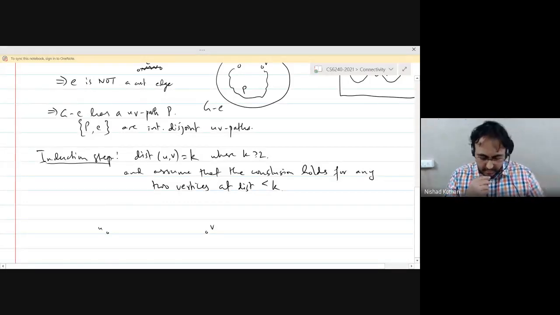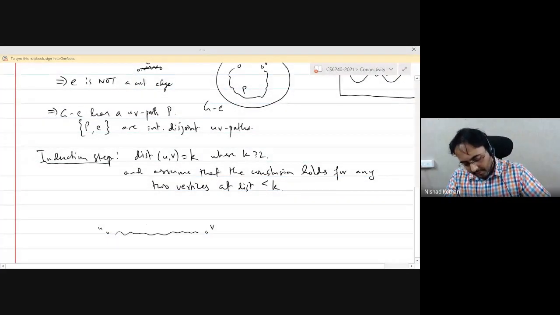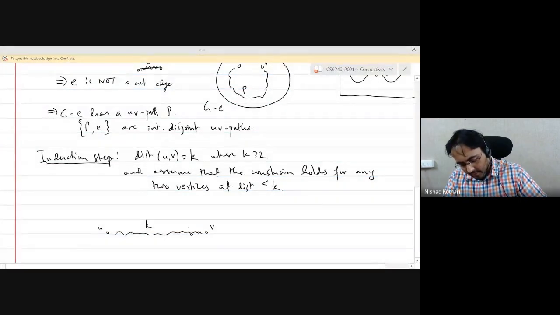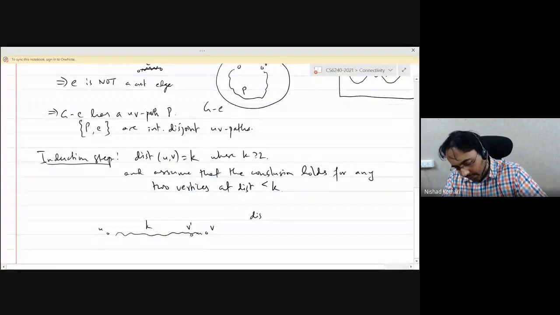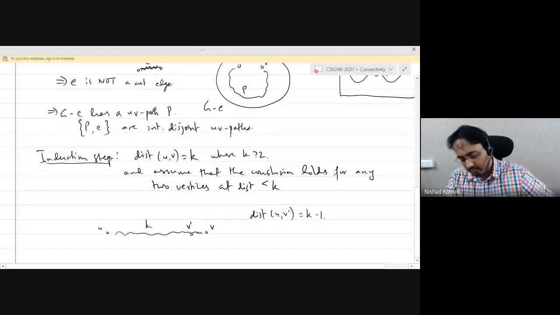All right. So the distance between them is K, which means that there is a path between them of length K. On that path, take the vertex that comes just before V and call it V prime. This is a vertex for which the distance between U and V prime is equal to K minus 1.